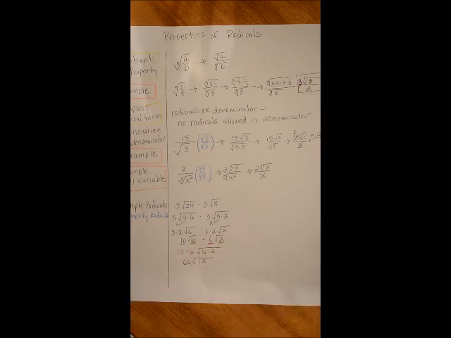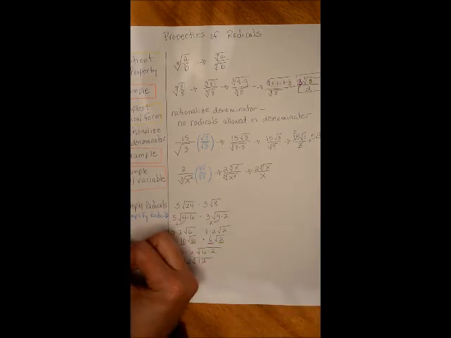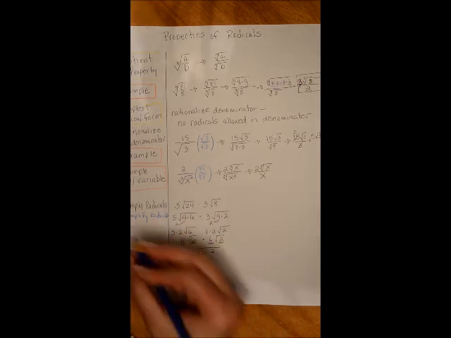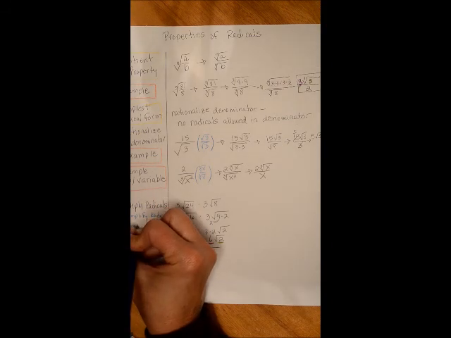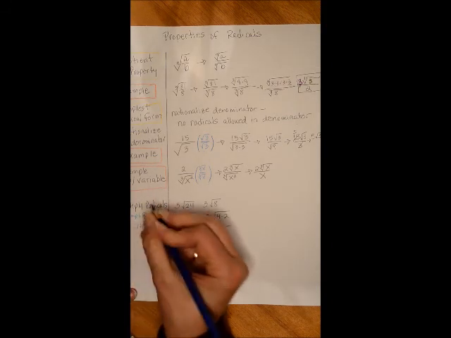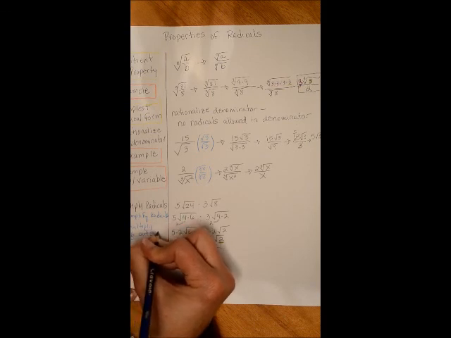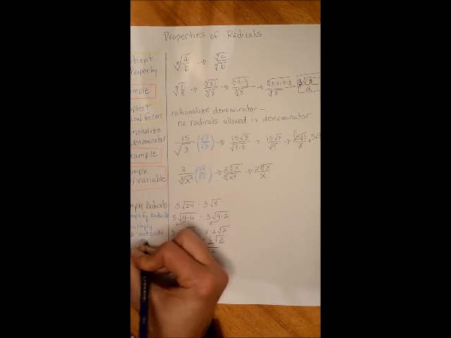Okay, I forgot to write my steps. Simplify the radicals is what I did. Multiply numbers outside together.